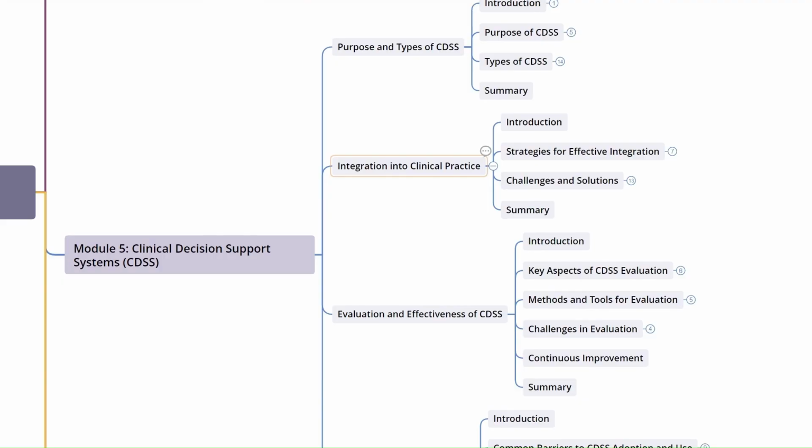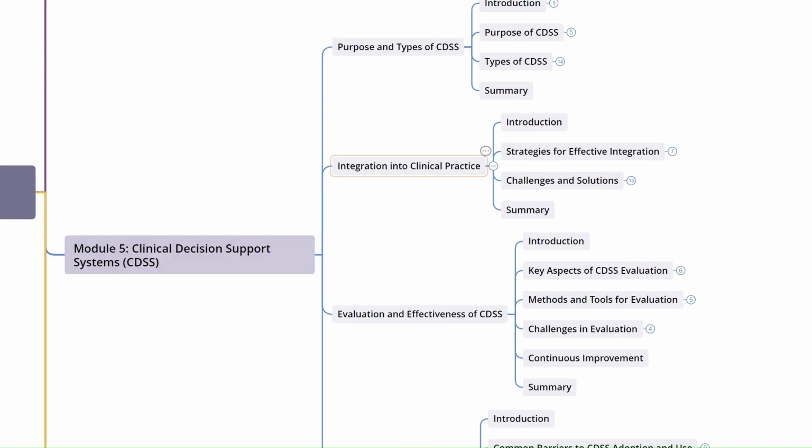The effective integration into clinical practice represents a crucial aspect of maximizing the benefits of CDSS. Embedding decision support into already busy clinical workflows requires careful planning to ensure that alerts are relevant, non intrusive, and seamlessly incorporated within electronic health record systems. Proper integration strategies involve customizing alerts to avoid fatigue, aligning decision support with clinical routines, and providing proper training to healthcare providers.